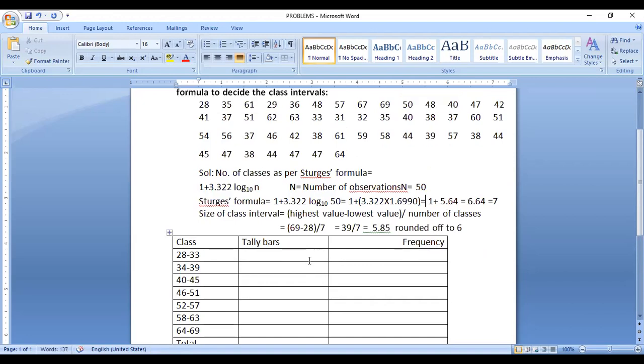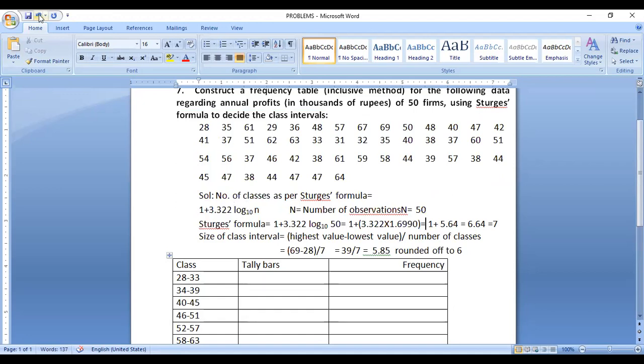Now we can see, the first value is 28. So 28 will come in the first class itself.